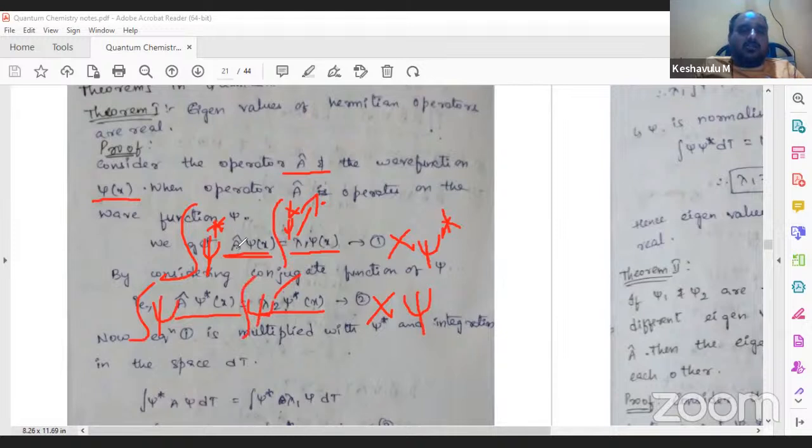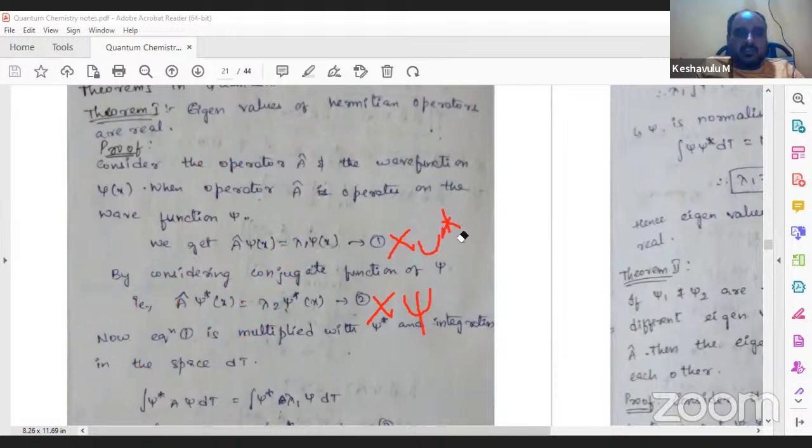So the left hand sides of these two become equal because the operator is a Hermitian operator. Therefore, we need to equate the right hand sides, then we will get the result. That is the thing. Okay, so now we are going to see the slides, to see the equations.